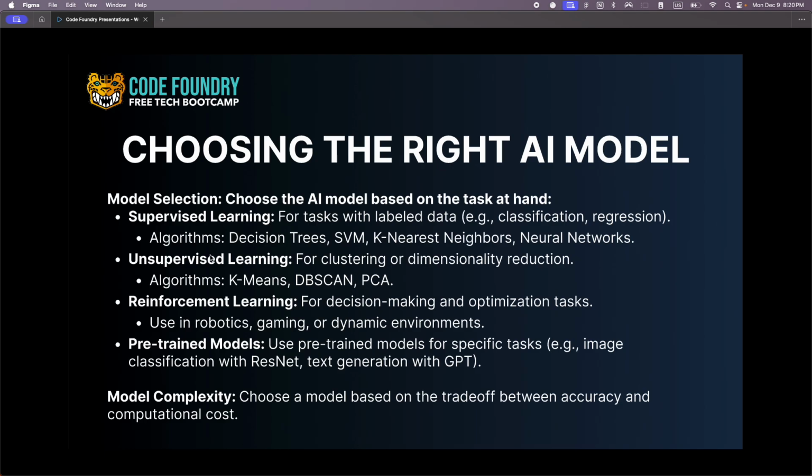Similarly, but differently, we have unsupervised learning, which is where we don't have any labeled data. Instead, this is just clustering or classifying our data without any context.